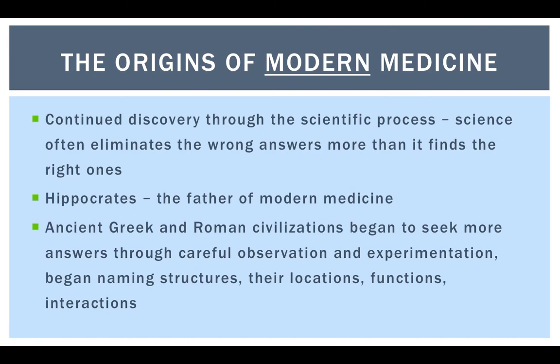They decided that it was important to begin naming different structures, to figure out and document their locations, their functions, how they worked with one another. And so this is really where we got our basis of modern medicine.